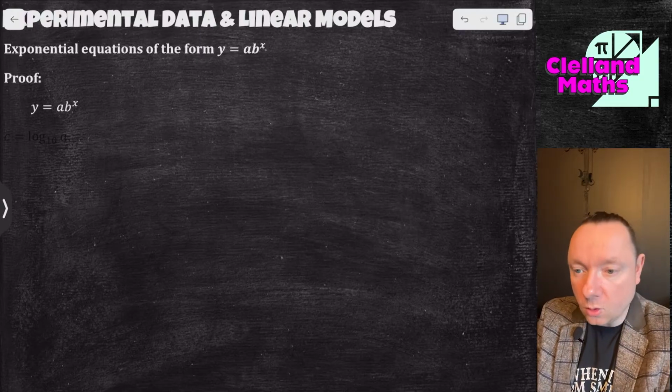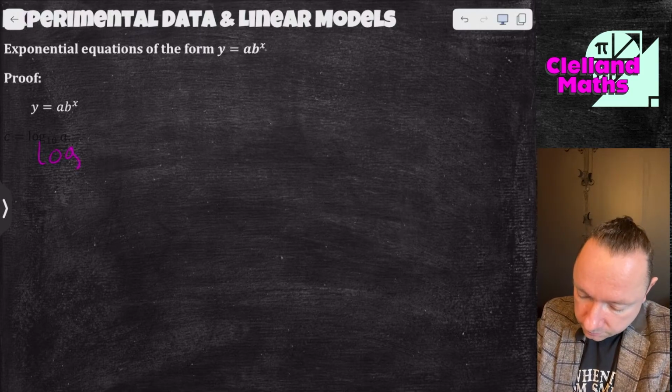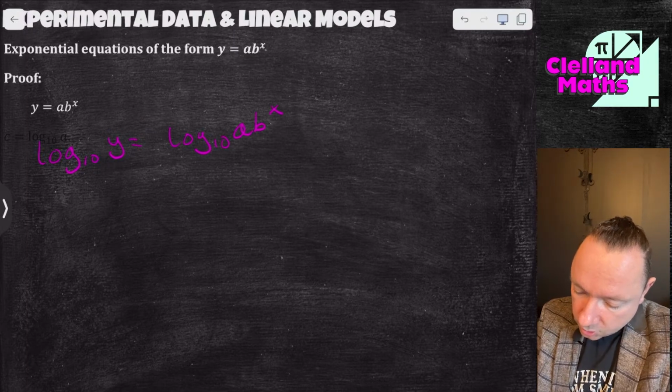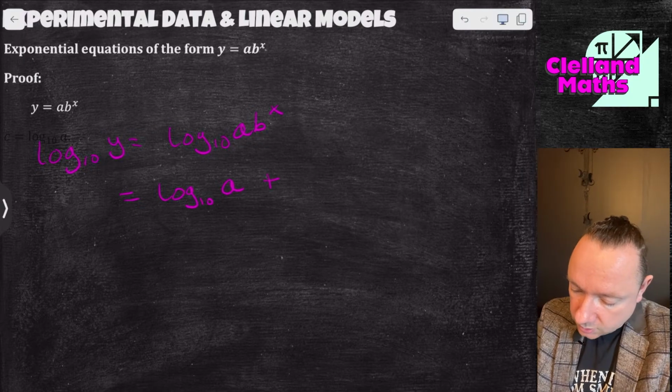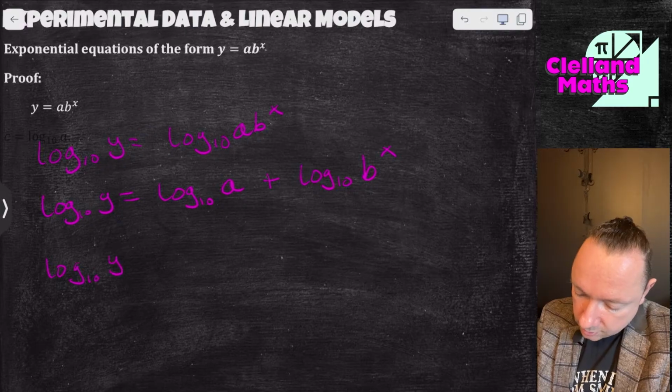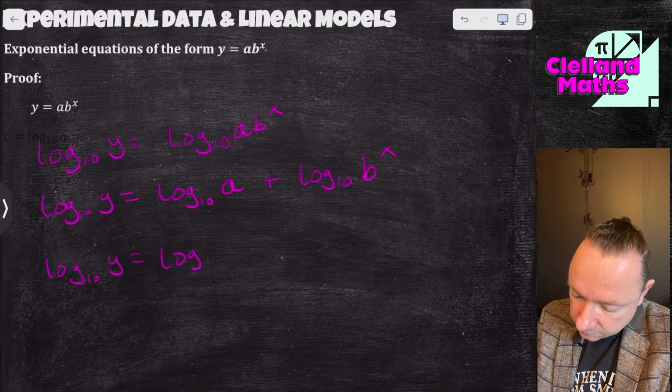This time we take a log of both sides as usual. Using the rules of logs, you can get log base 10 of a plus log base 10 of b to the x. Take the x to the front.